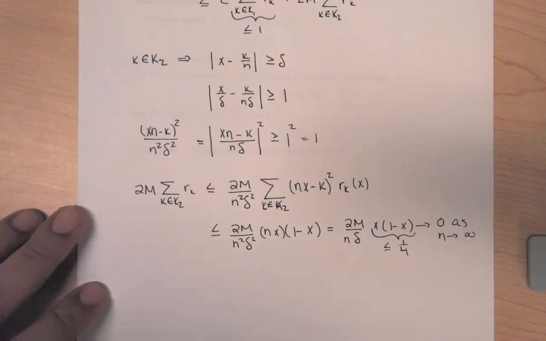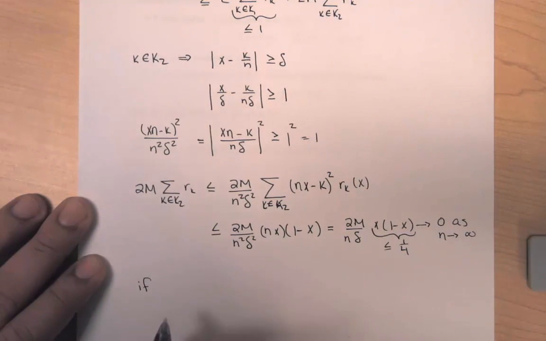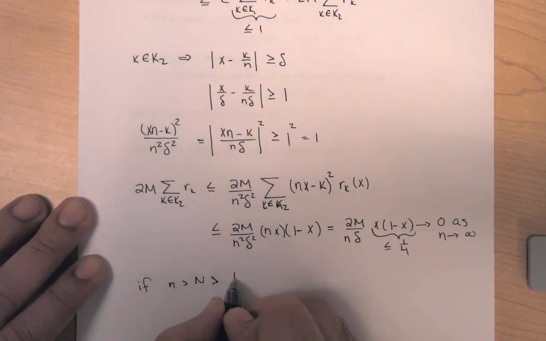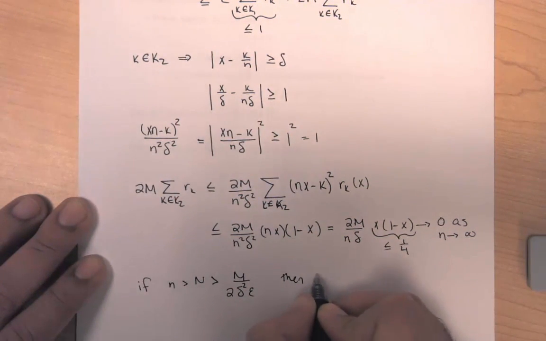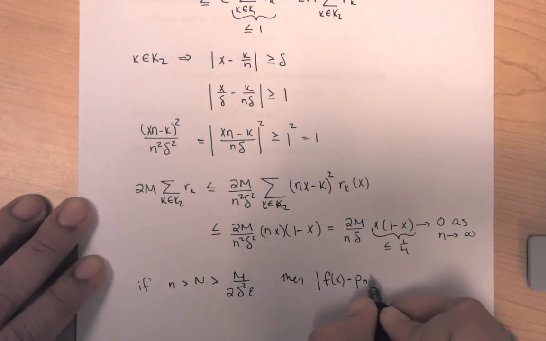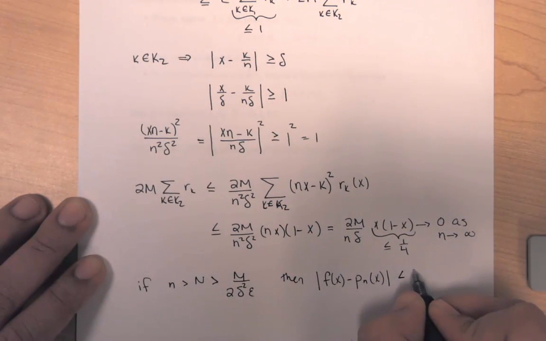Meaning if I wanted to tie up a formal bow on this proof, if n is greater than big N, which is chosen to be greater than M divided by 2 delta squared epsilon, then the difference between my Bernstein polynomial and f is less than, well, in fact, I would actually get 2 epsilons.